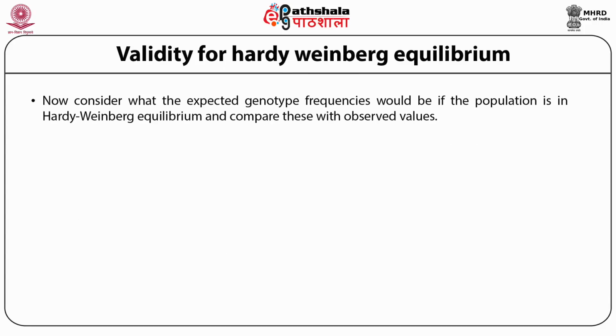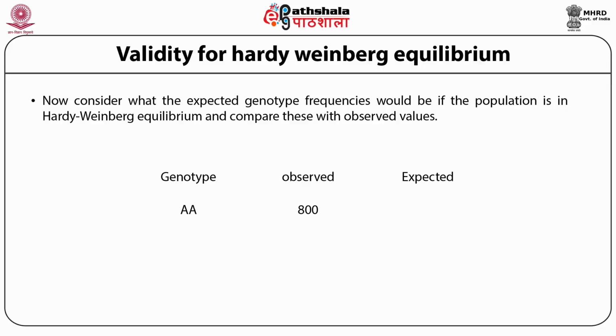This is the observed allele frequencies calculated from genotype frequencies. Now consider what the expected genotype frequencies would be if the population is in Hardy-Weinberg equilibrium, and compare them with the observed values. For the genotype AA, we have observed 800 individuals. From the frequency of the allele, we know the expected genotype frequency would be p squared.